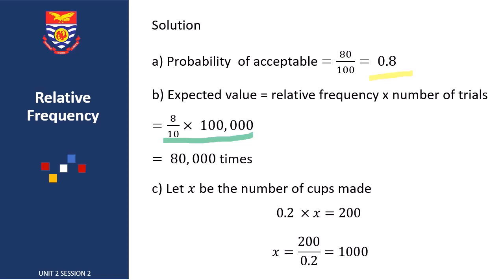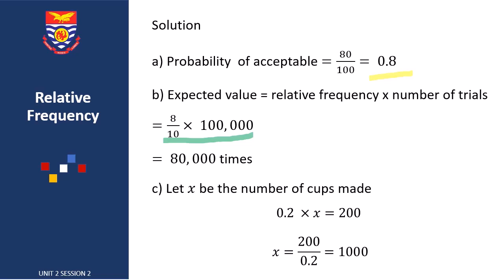The C part is the interesting one, right? We're told that after a production, 200 of them are unacceptable, and we should find the number of cups made.